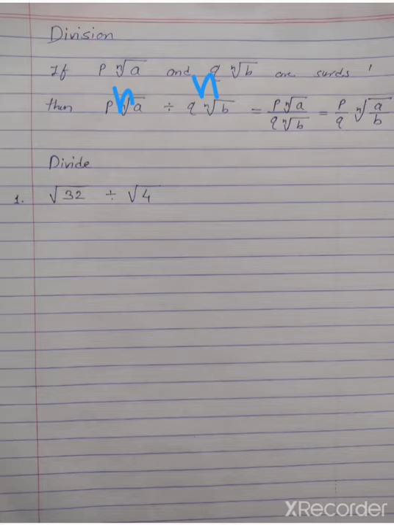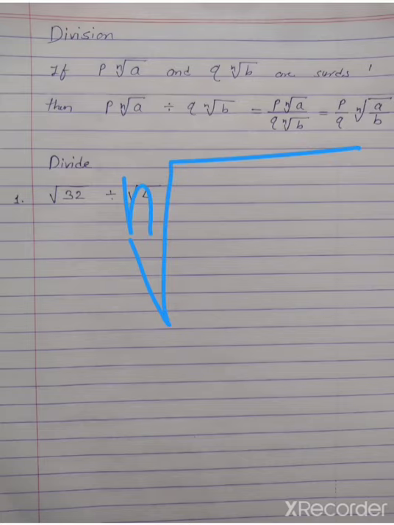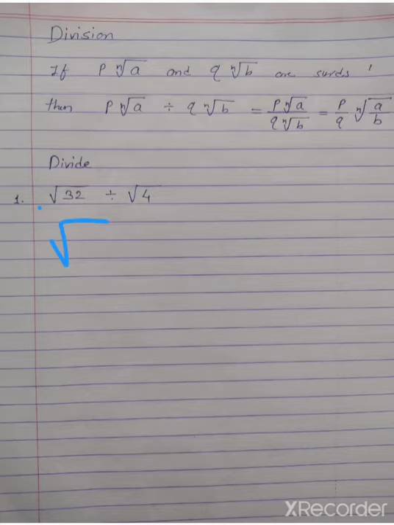Here you can see in both surds the orders are n and n. Therefore we can take this radical symbol as common and we can divide the radicands. So let us study the first example. Here we can write root 32 divided by root 4.